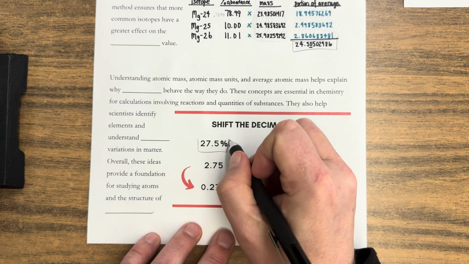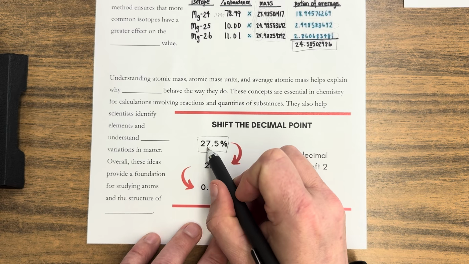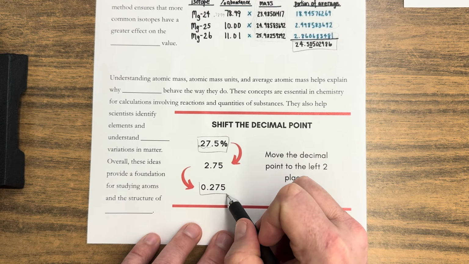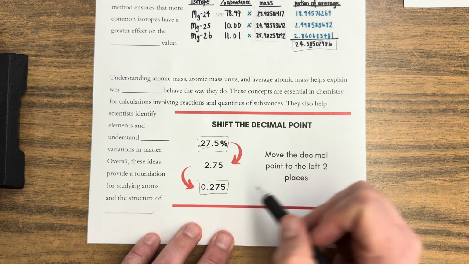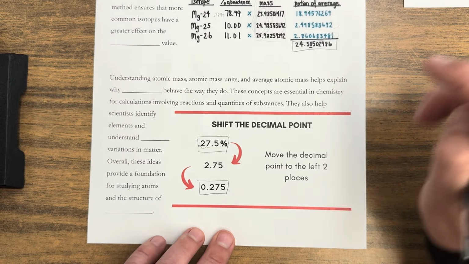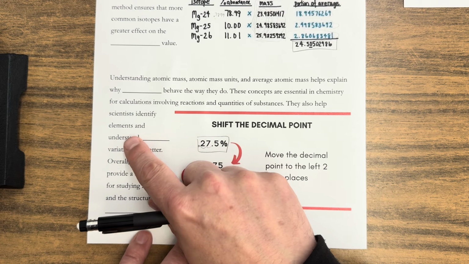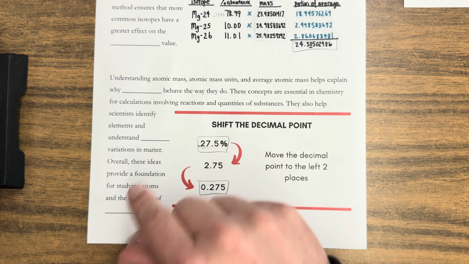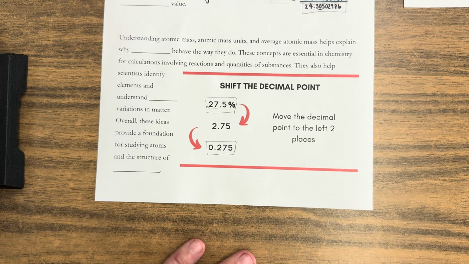So 27.5%, you shift over twice, and that will give you 0.275. So this is just a little reminder of percentages. They also help scientists identify elements and understand natural variations in matter. Overall, these ideas provide a foundation for studying atoms and the structure of matter.